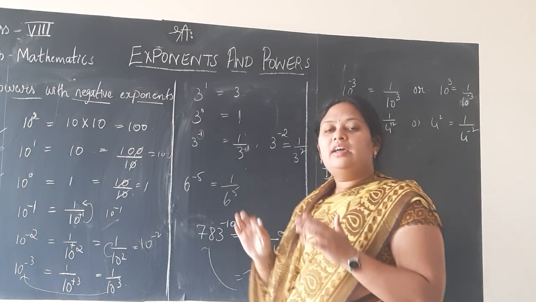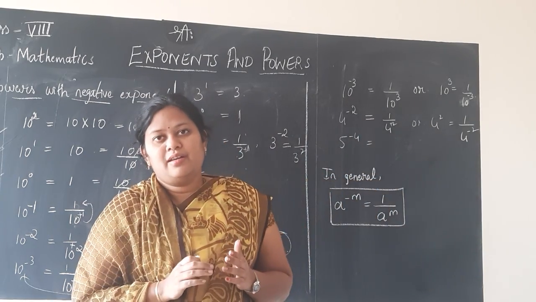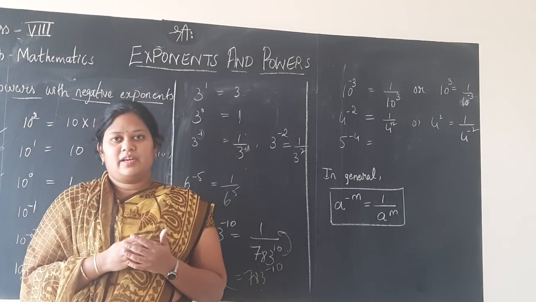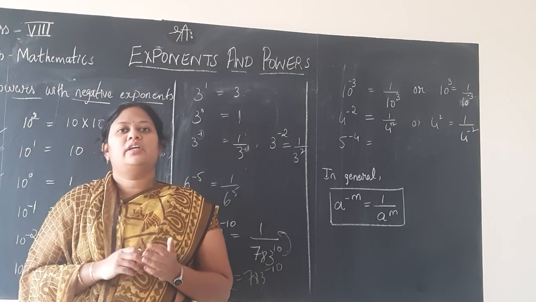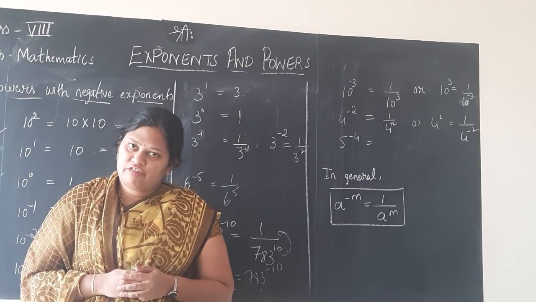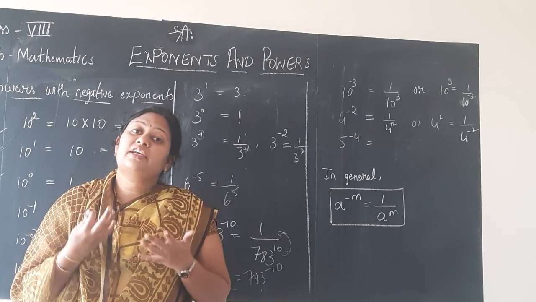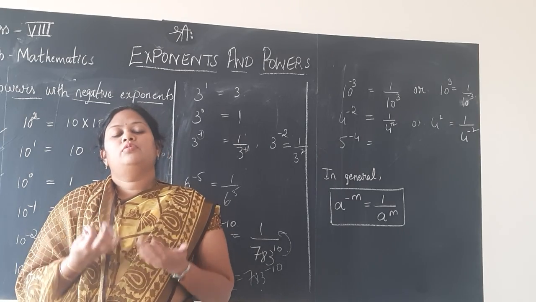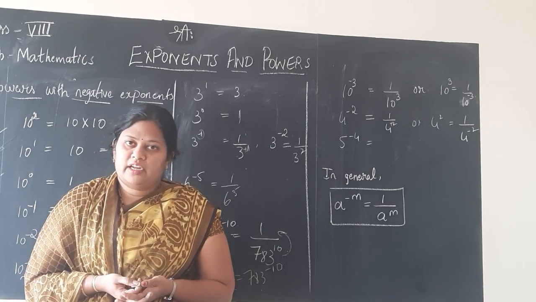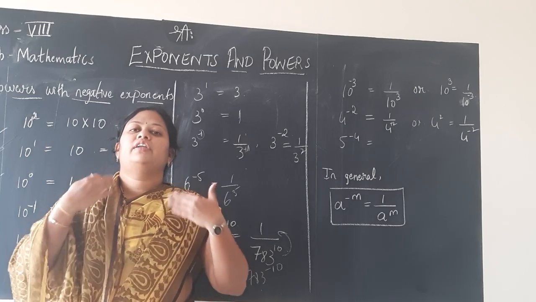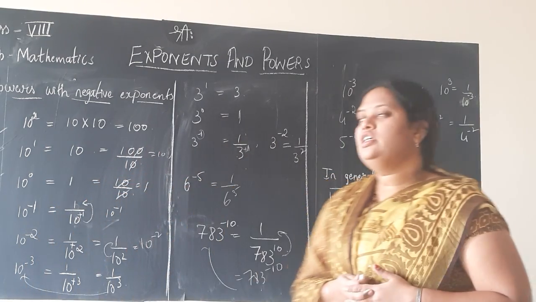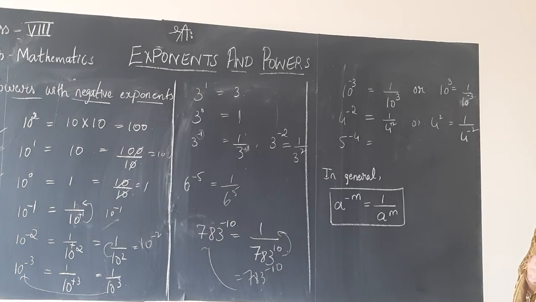In general, any number having a negative exponent in the numerator, when you send it to the denominator, becomes a positive exponent. If you have any number with a negative exponent in the denominator, when you send it to the numerator, it becomes a positive exponent. That is what I am trying to explain with this example.